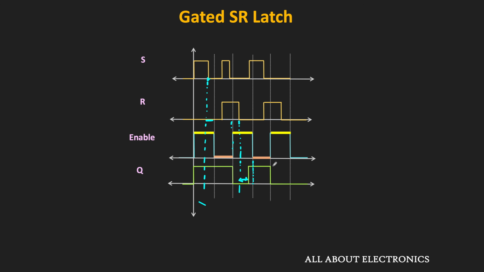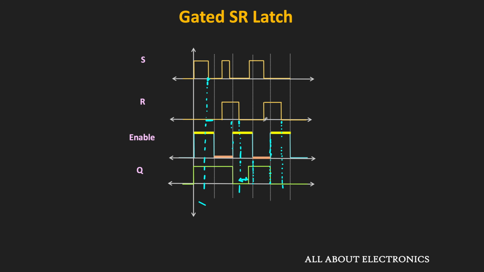So once again, when this clock signal is high, as you can see, this R input is high and this S input is 0, and therefore at this moment the latch will get reset and the output Q will become low. So during the on time up to this point, R remains high, so definitely up to this point the output Q will remain 0.